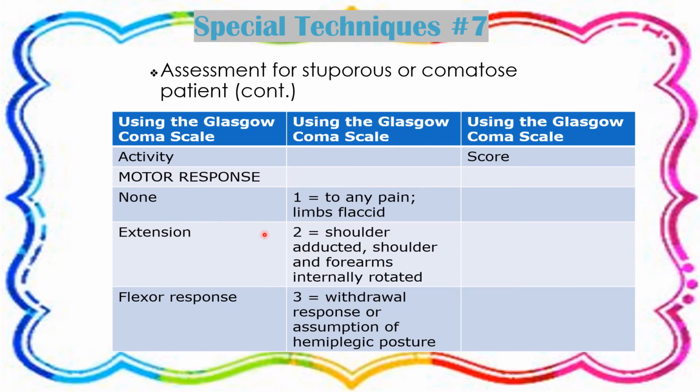For the motor response, 1 is no response to any pain, and the limb is flaccid. There is extension, the score is 2, if the shoulder is adducted or the shoulder and forearms are internally rotated. Flexor response is 3 if there is a withdrawal response or assumption of hemiplegic posture.